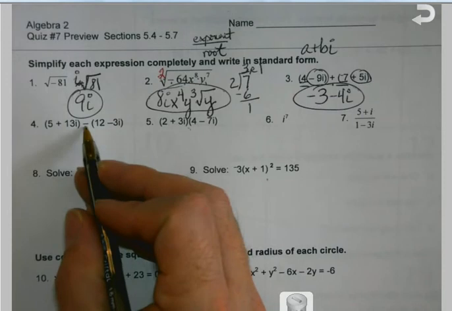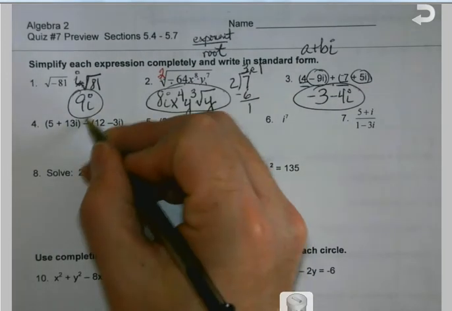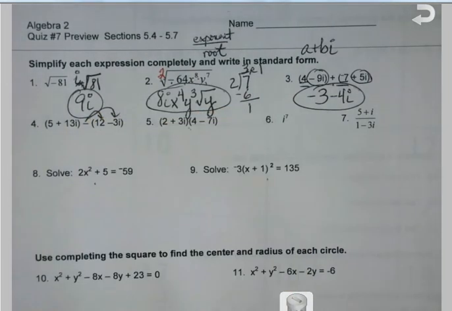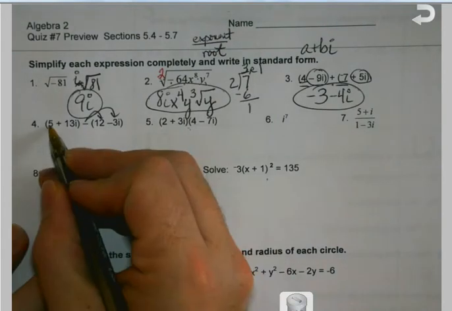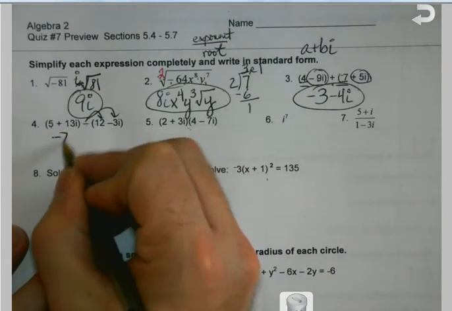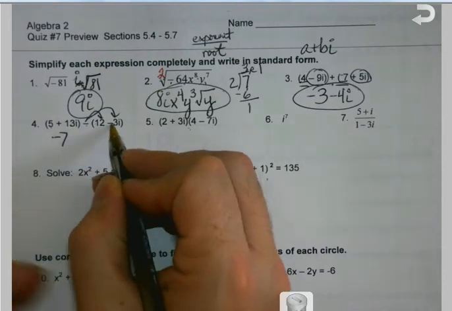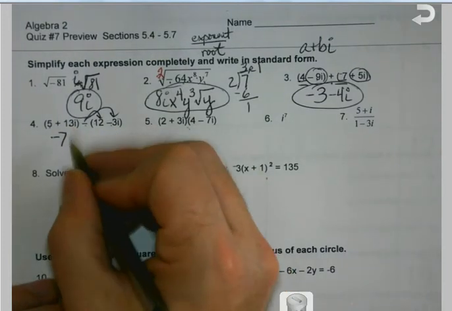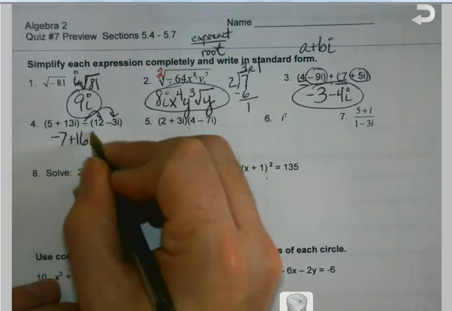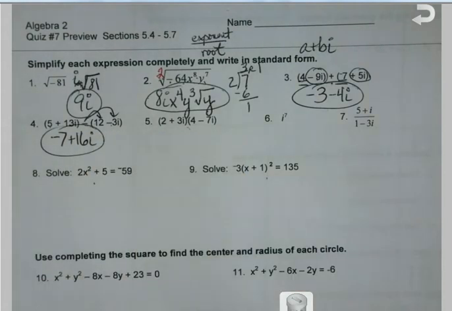Here again, do not FOIL, but do distribute that negative through, or subtract when you're doing this. So 5 minus 12 is negative 7, and 13 minus negative 3, I'd make that plus, so 13 plus 3i would be 16. Again, done, finished, don't make it complicated.